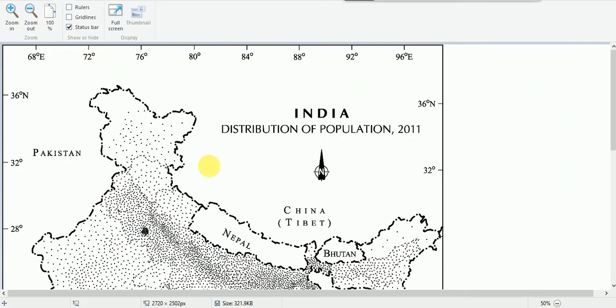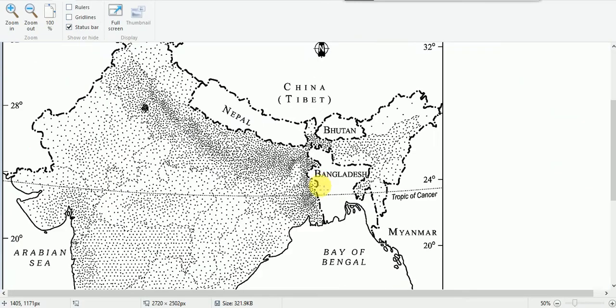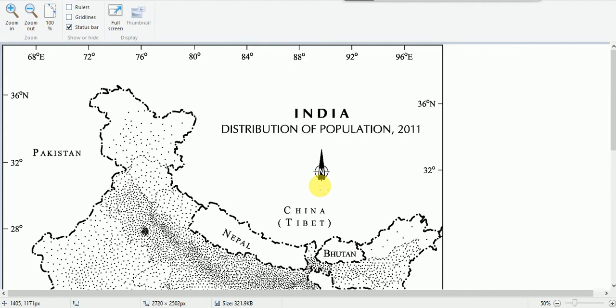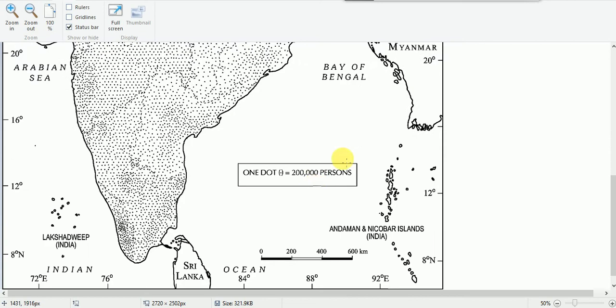How to draw these dot maps we have already learned in the practical classes. And see here, the scale is here.